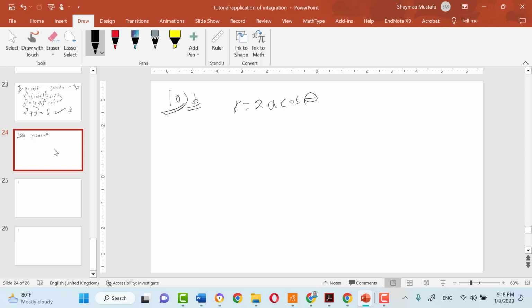For the arc length in polar form, you have to find dr d theta. This one actually is a circle. Okay, dr d theta is equal to minus 2a sine theta. This is the curve of the circle.